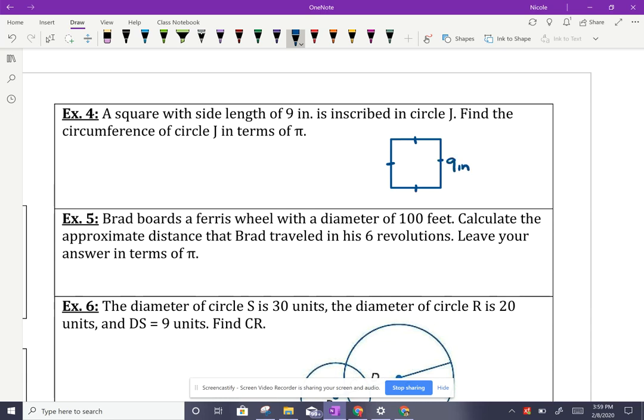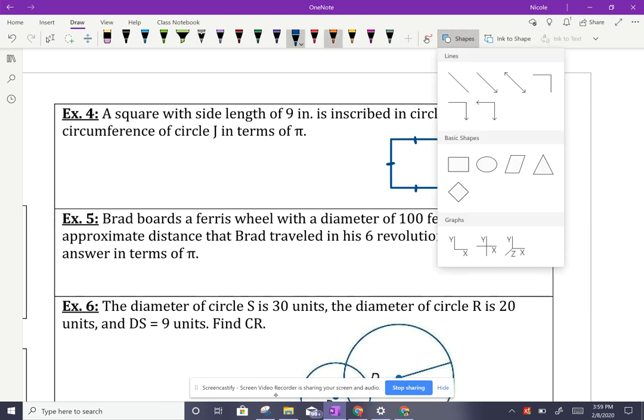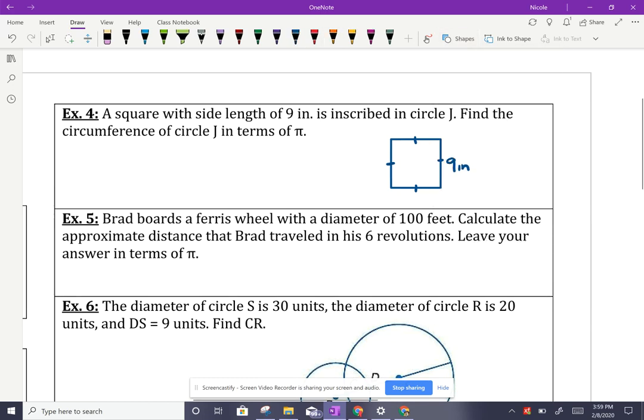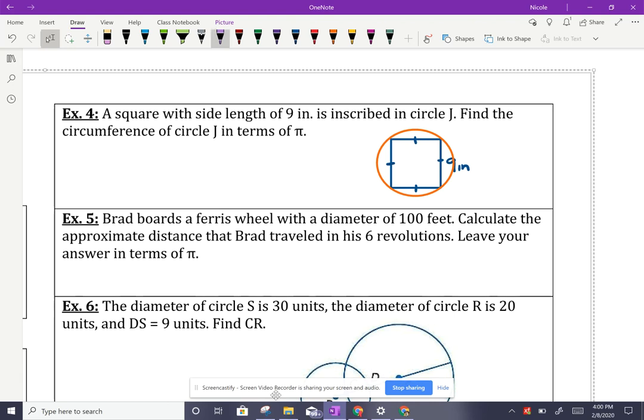And it's inscribed inside of a circle, so all of its edges are touching the edges of the circle. Find the circumference of the circle J. So I need a point J in the middle.